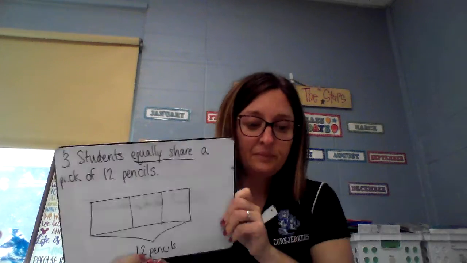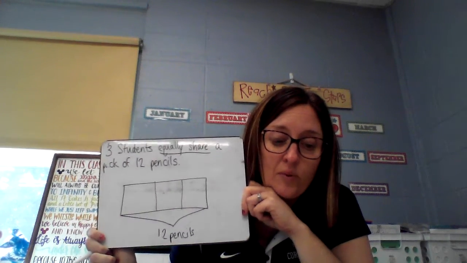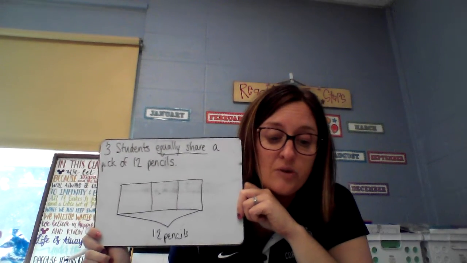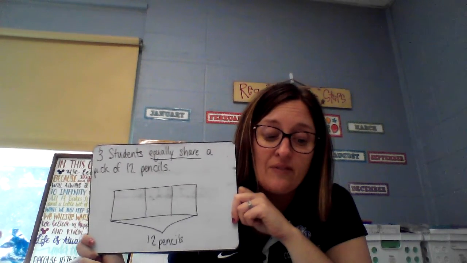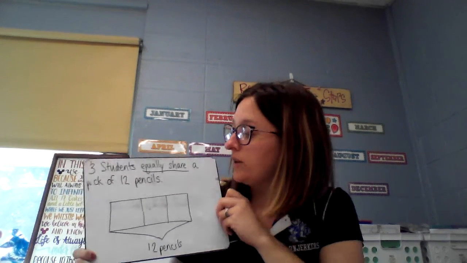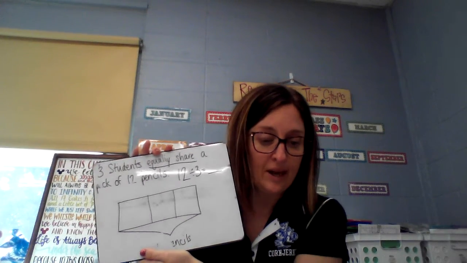Now, if I look at this, I see my total number of pencils and my 3 groups. What I don't know is how many pencils each person is going to get, and that's what I need to figure out. I could also write a problem to help me solve this. I'm taking my 12 pencils and dividing them equally with 3 people. I just don't know how many each person is going to get.